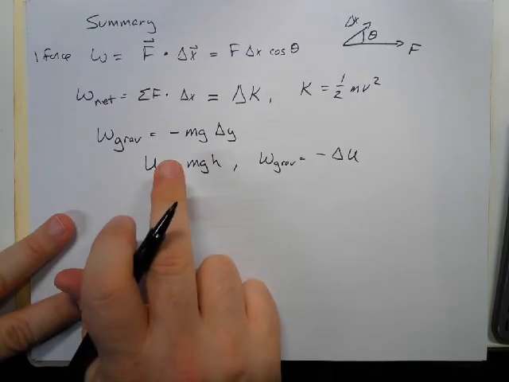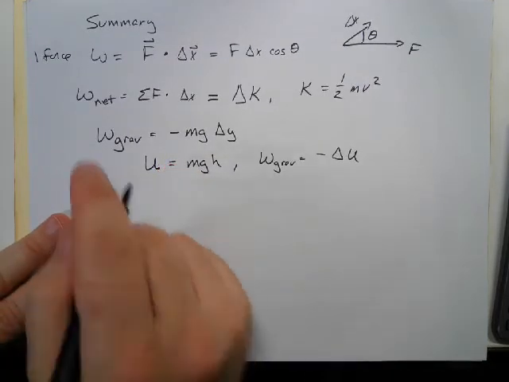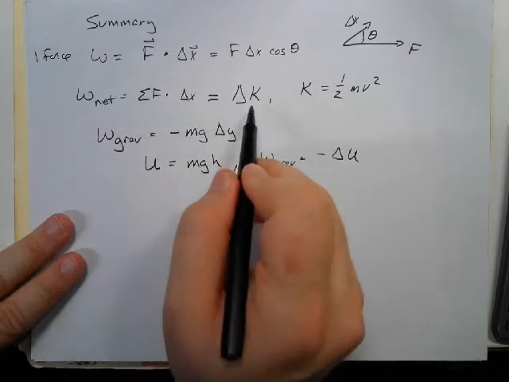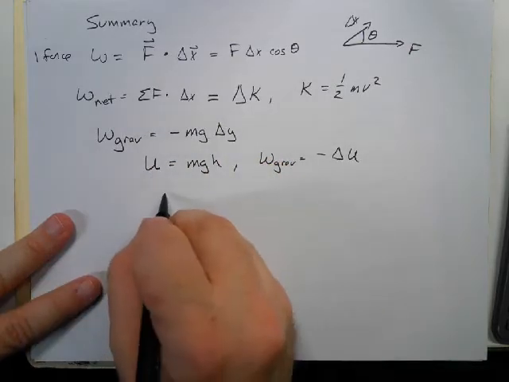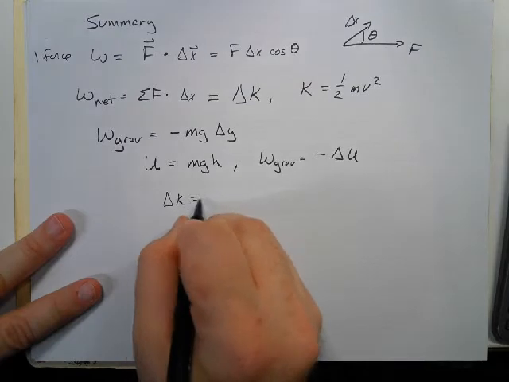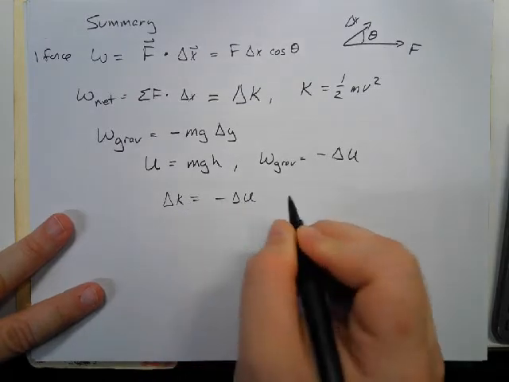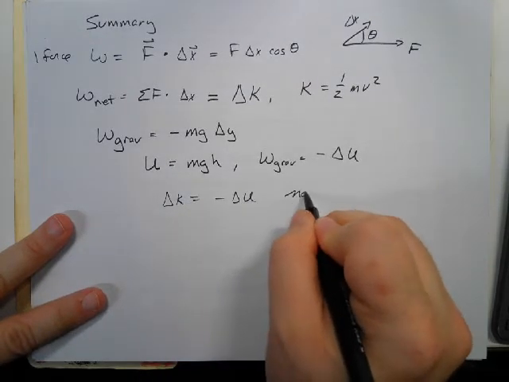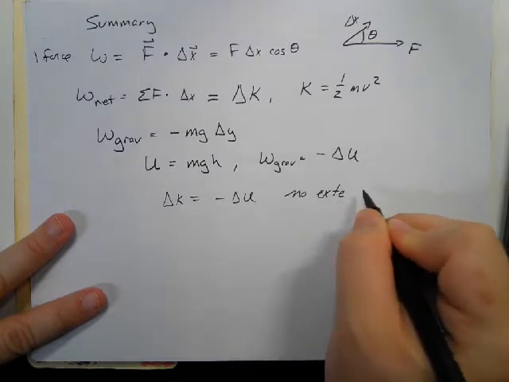And we can take this work and kinetic energy theorem and relate the change in kinetic energy, which looks like minus the change in potential energy if there's no external work. This is just for gravity.